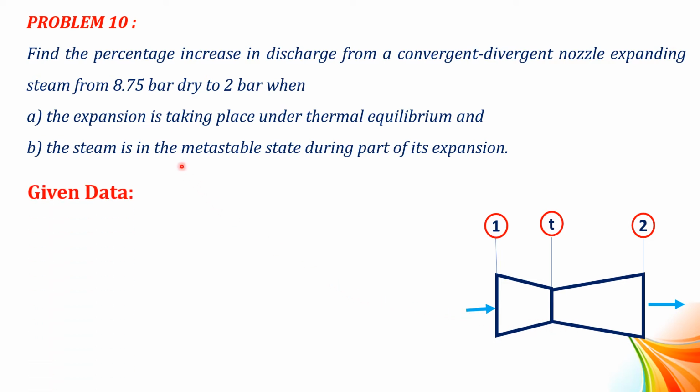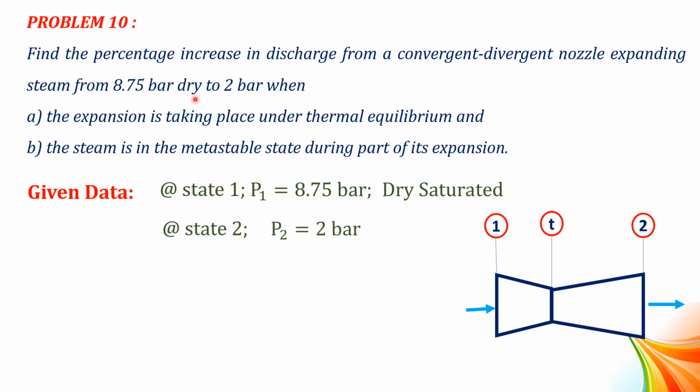Given data, initially the steam is having a pressure of 8.75 bar and dry. Therefore, at state 1, the pressure P1 equal to 8.75 bar and dry saturated. At state 2, the pressure P2 equal to 2 bar.